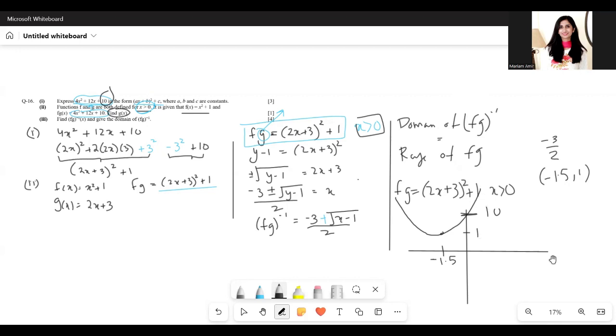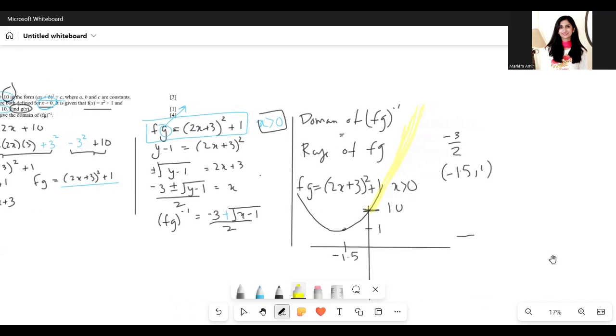Okay. And the domain is greater than 0. So that means the graph will start from here only, where x is greater than 0. So then the range is greater than 10. So fg is greater than 10. We won't write equals to because it's x is greater than 0, not x greater than or equal to 0.